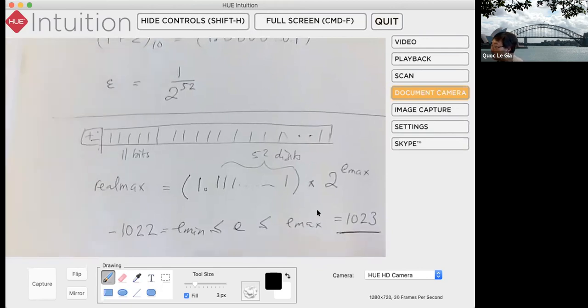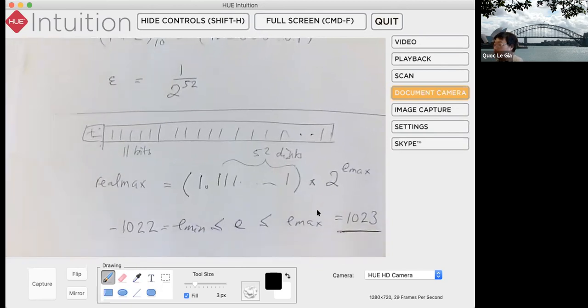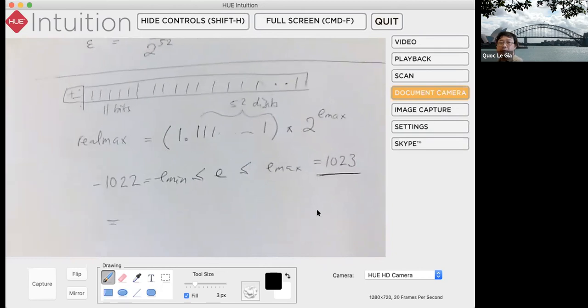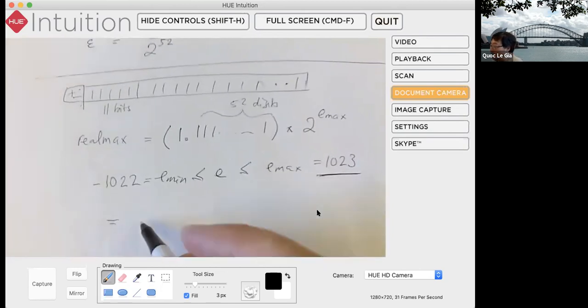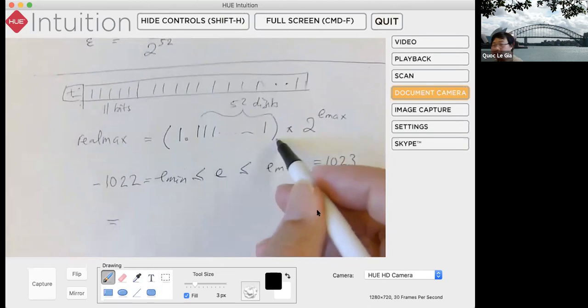Okay, and now the real max. What is the real max? If I put in everything here, this one is in binary form.